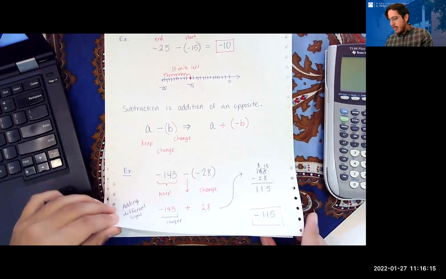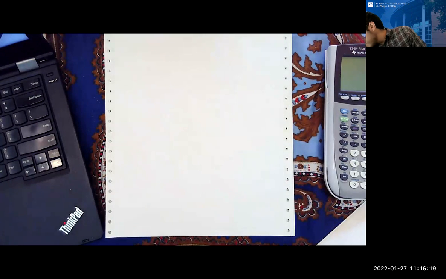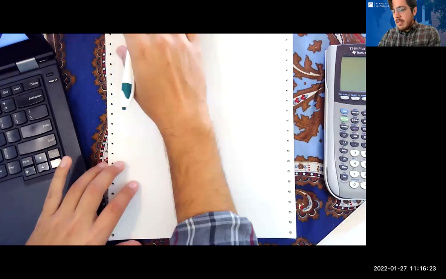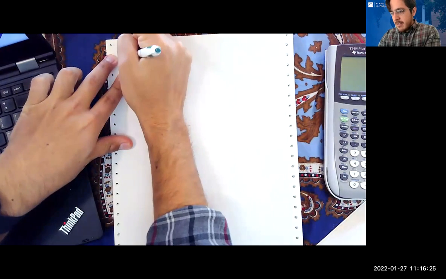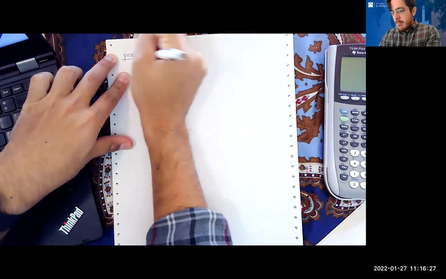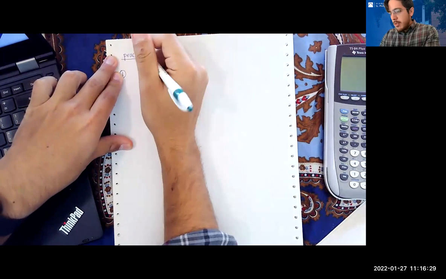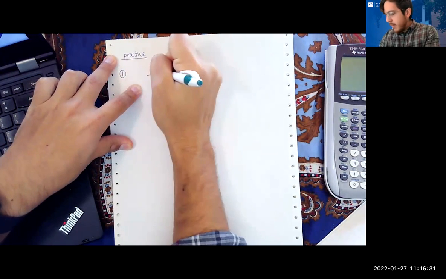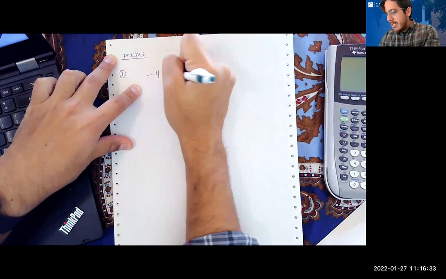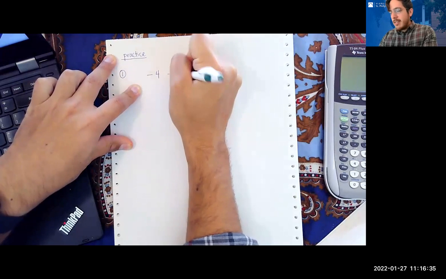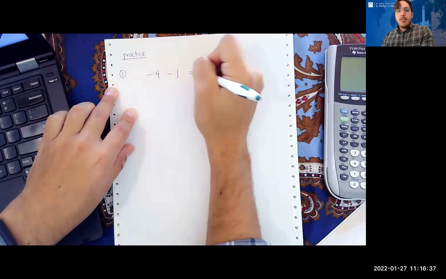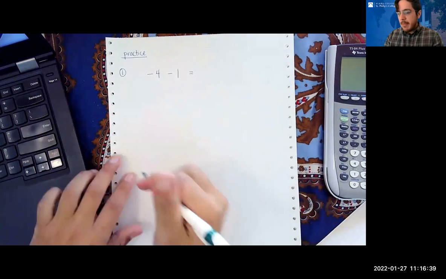Okay, let's do some more example problems. Let's get a lot of practice in. We'll start easy. Negative 4 minus 1. What should the answer to this problem be?